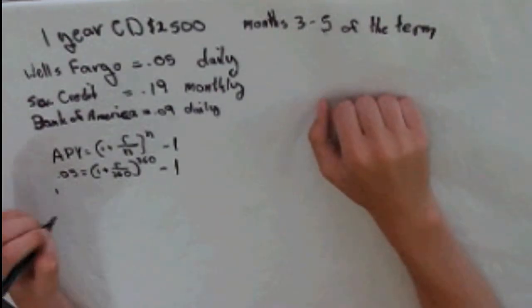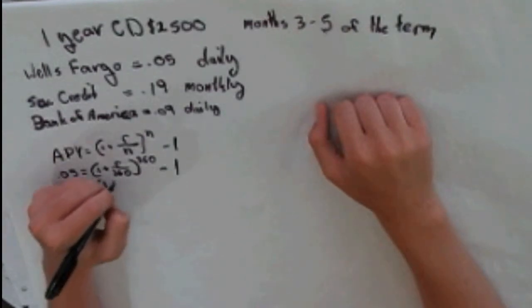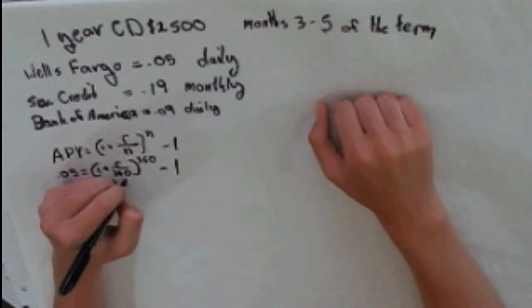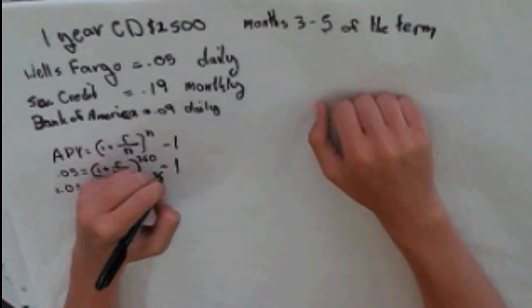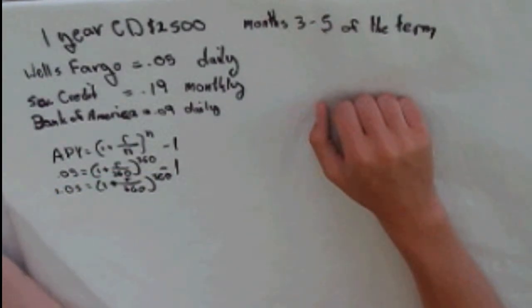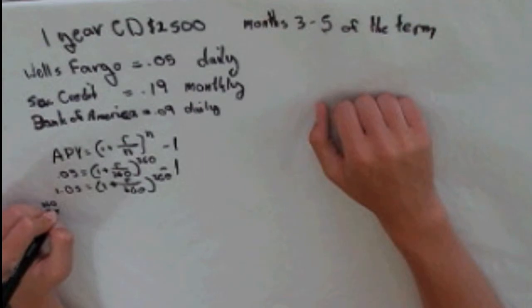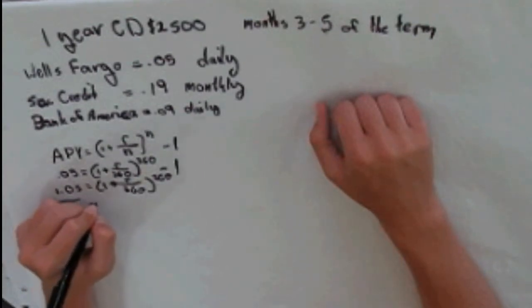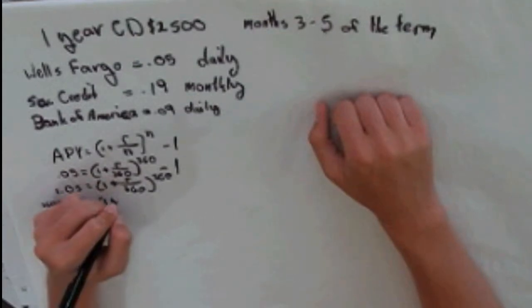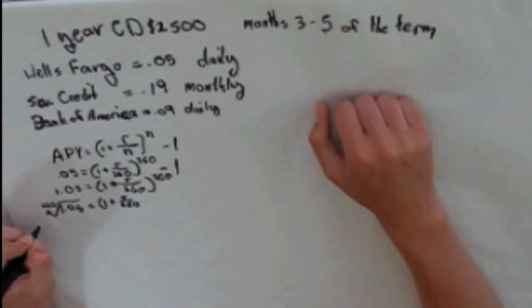We're going to add 1, so 1.05 equals 1 plus R divided by 360 raised to the 360 power. And then if you take the 360th root of 1.05, that equals 1 plus R over 360, and then you subtract 1.